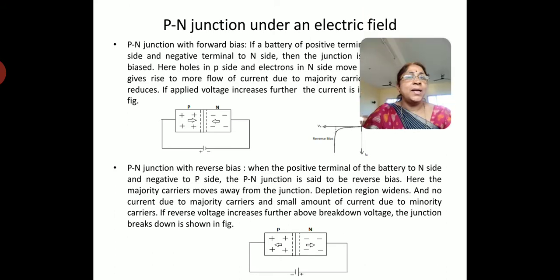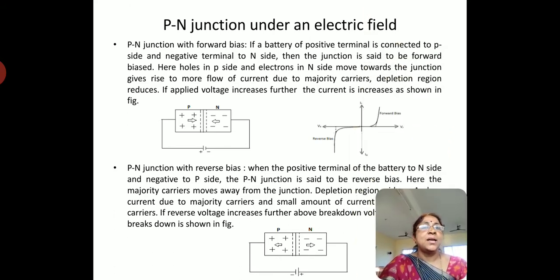Now, let us study the PN junction under an electric field, both the forward bias and the reverse bias. In forward bias, if the positive terminal of a battery is connected to the P-type semiconductor and the negative terminal to the N-type semiconductor, the junction is said to be forward biased.